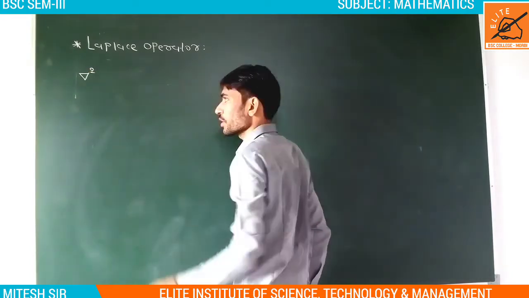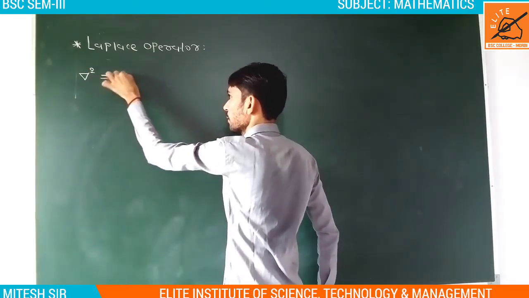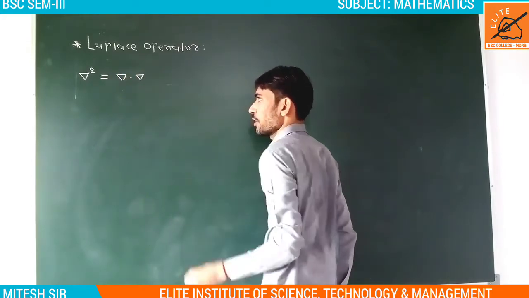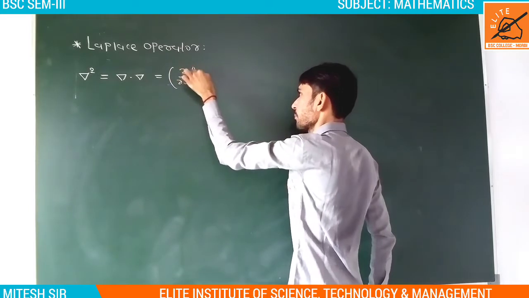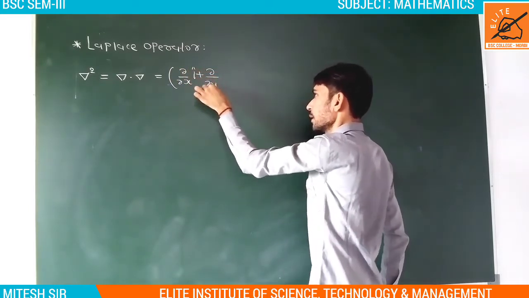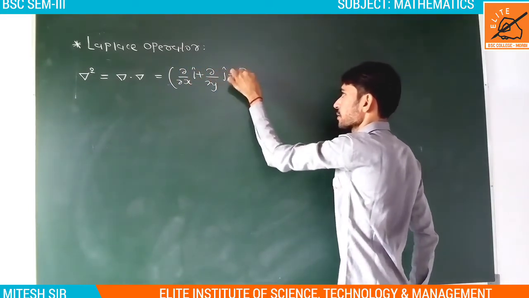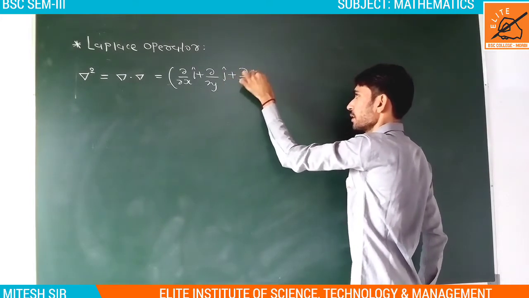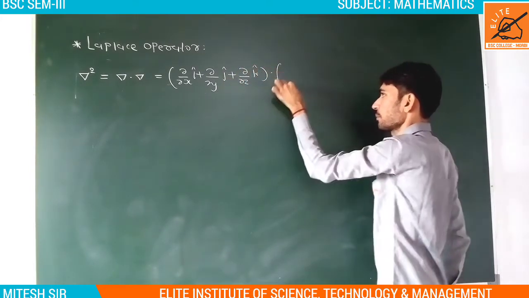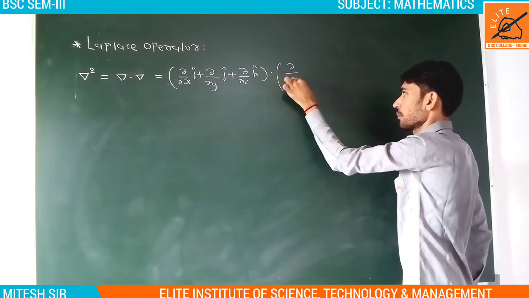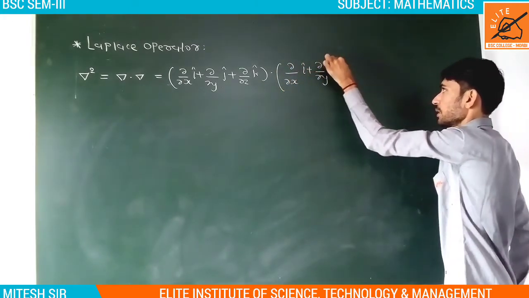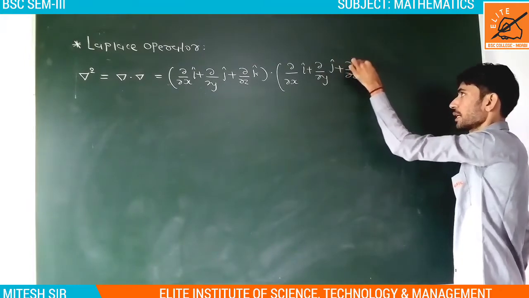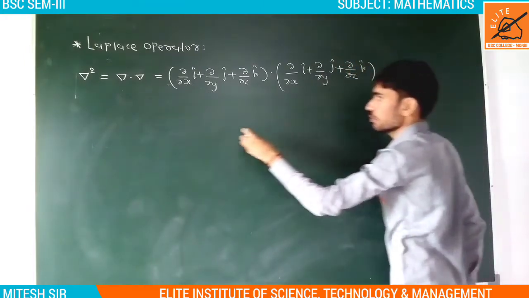As you know, nabla square is defined as nabla dot nabla, which is equal to del by del x i cap plus del by del y j cap plus del by del z k cap, dot product with itself: del by del x i cap plus del by del y j cap plus del by del z k cap. And what is the answer of this?